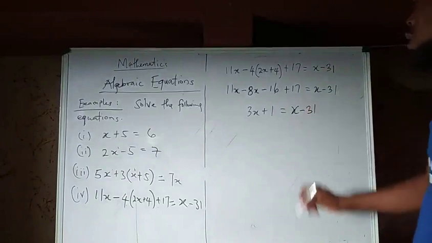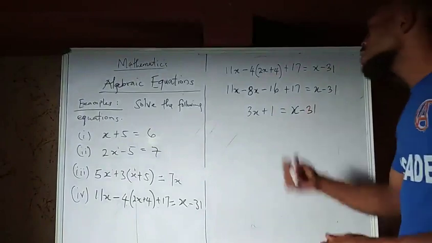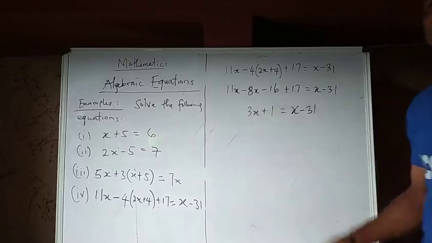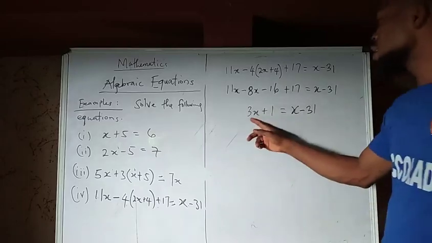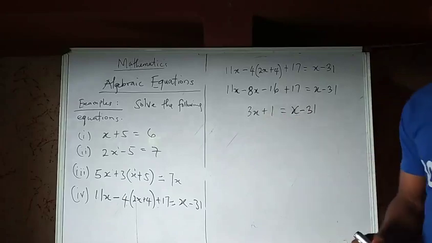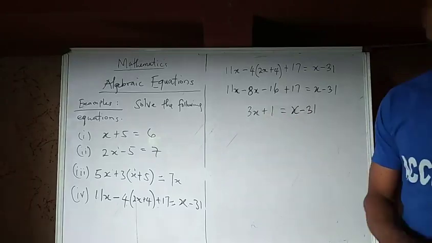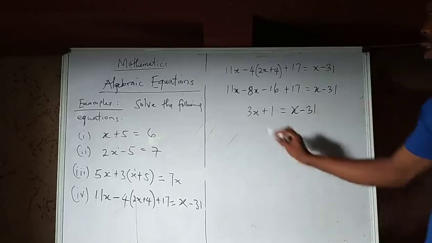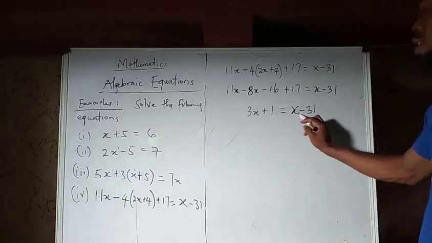Alright, so now at this point, we have simplified this part and simplified this part. So what we are going to do next is make sure that all the variable terms are on one side and the constant terms are on the other side. If you remember, this is a variable term.